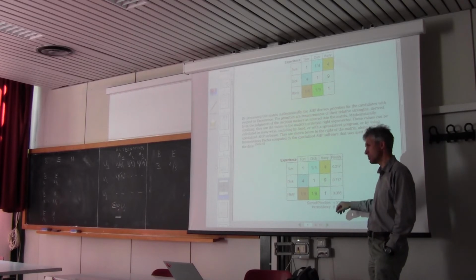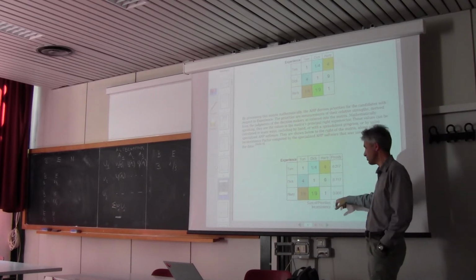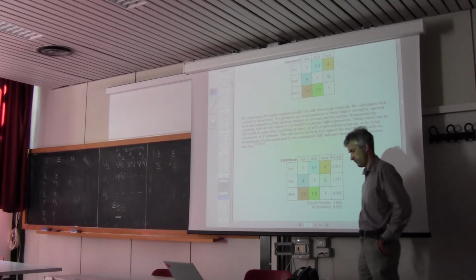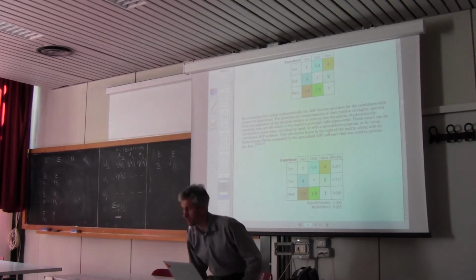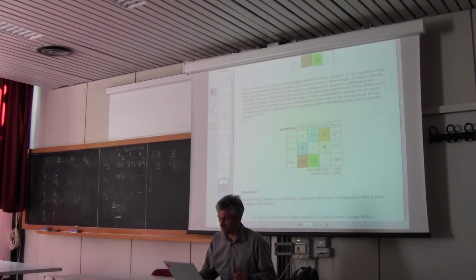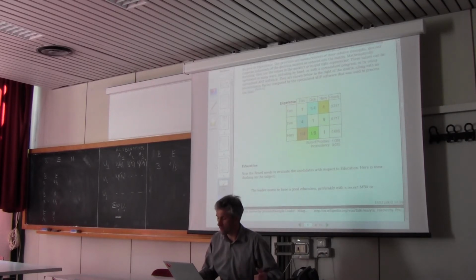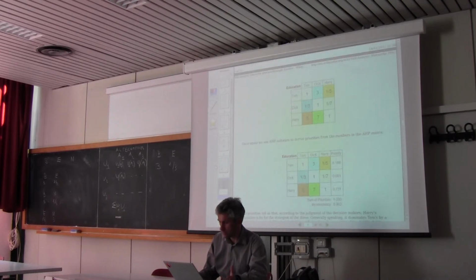And I will explain you in, let's say, 5 minutes how to compute this number. It's a purely mathematical computation. Now, the example moves forward with the evaluation of education. You see? Education. Second criteria.